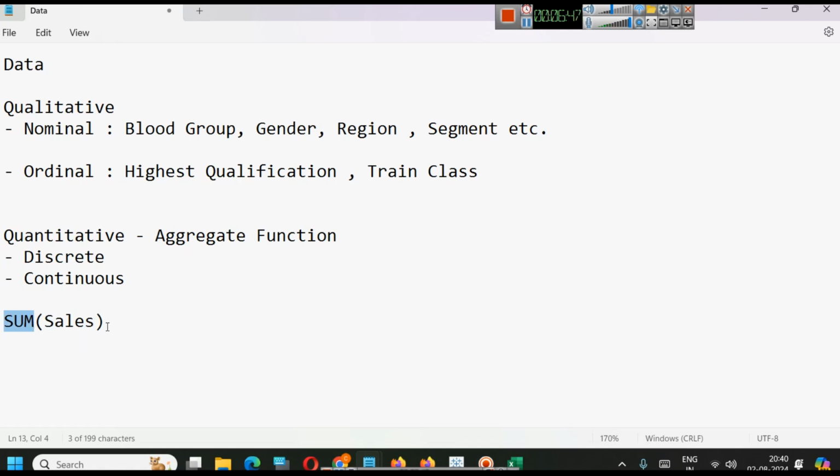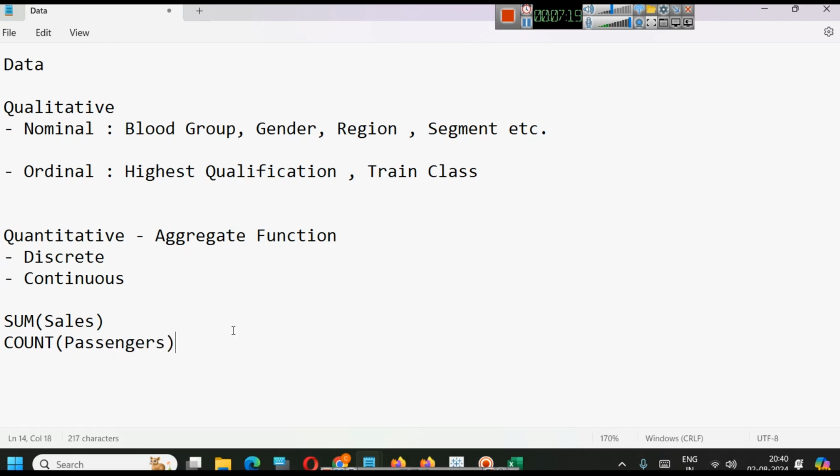And this aggregate function, when applied on this, sum of sales will be different for different segments, isn't it? Yes. Right? Number of people traveling in a train. So count of people, count is also an aggregate value, right? So count of people or count of passengers, okay?